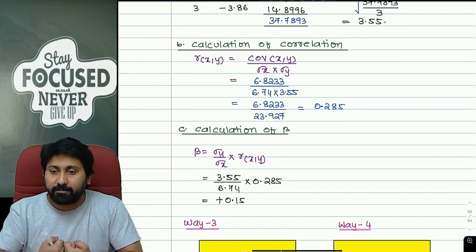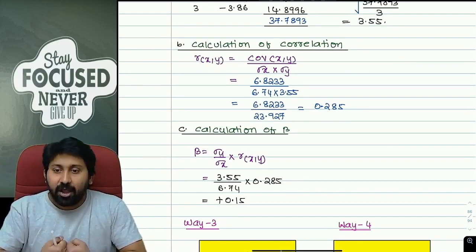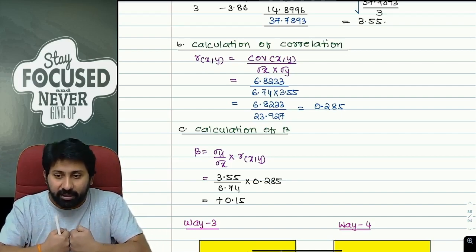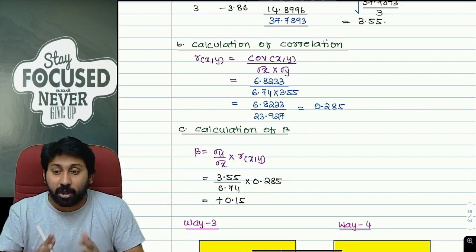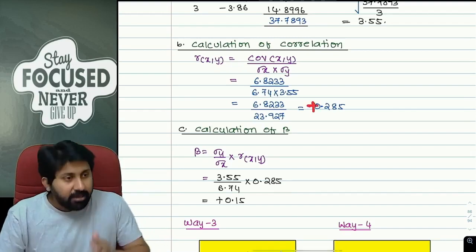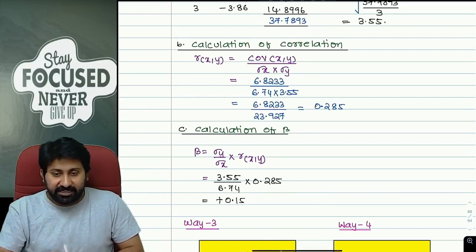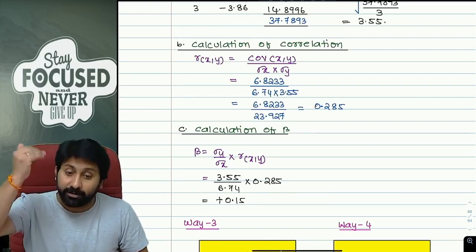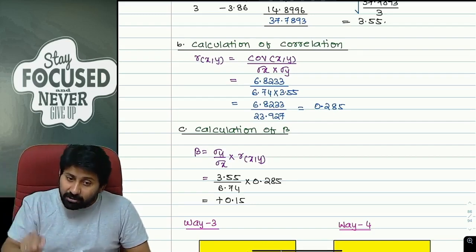How to interpret plus 0.285? How did I explain the correlation concept? Correlation means how the market and a security move together. How much strength is there in the co-movement? A positive correlation means the security increases when the market increases, and the security decreases when the market decreases.